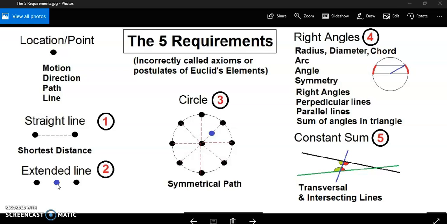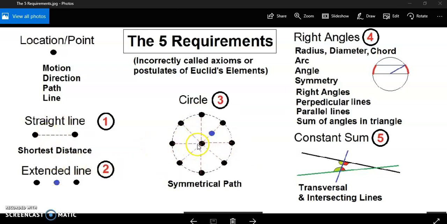And of course, you can't get a circle without both the straight line and the extended line, because remember now, you don't have any concepts such as rotation or degrees or anything yet. So you have to state the circle with only these 2 requirements.